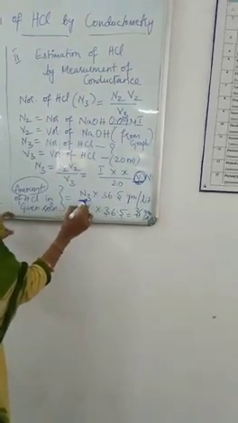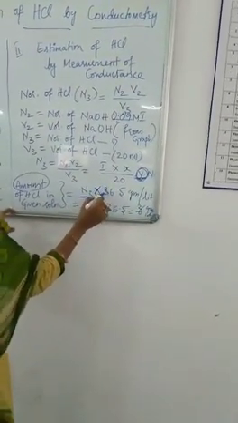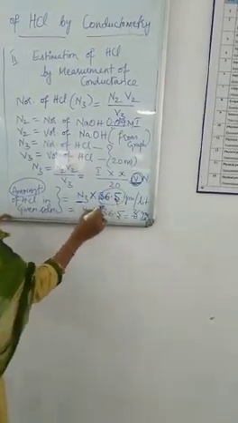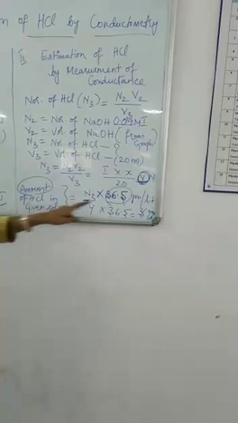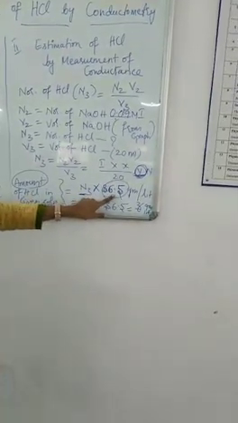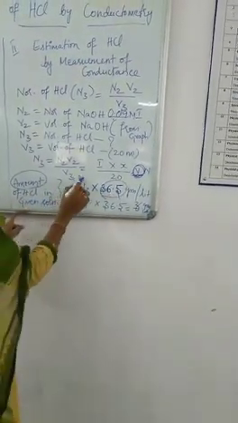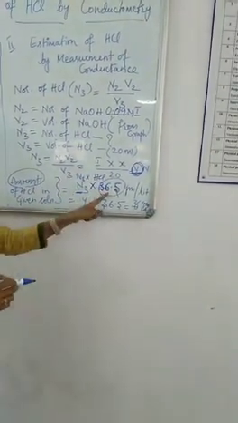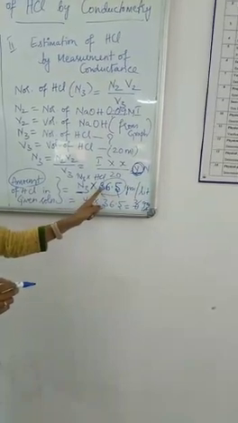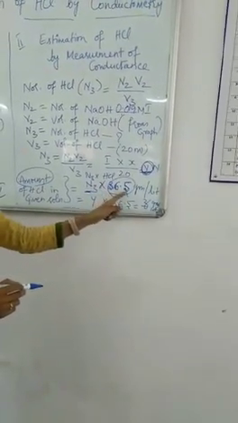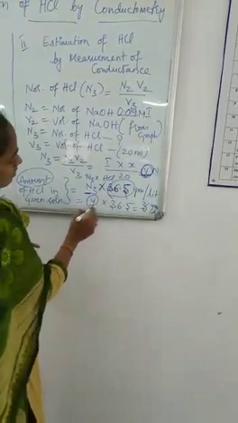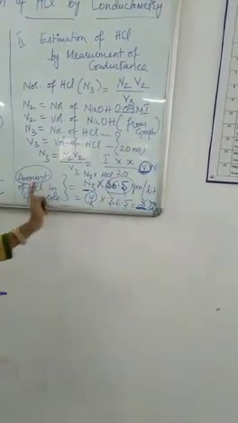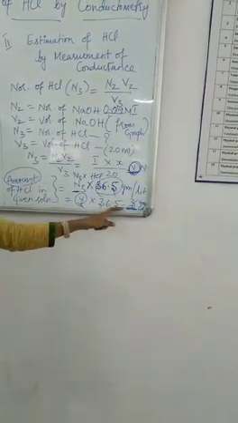By using the formula N3 into 36.5, where 36.5 is the molecular weight of HCl. So it is N3 into the molecular weight of HCl. Substituting the N3 value, we get some value, which gives the amount of HCl in the given solution.